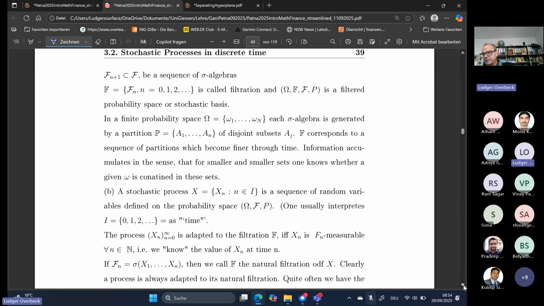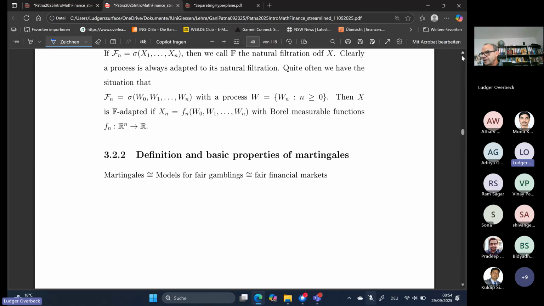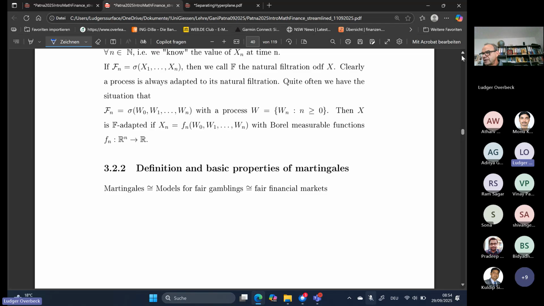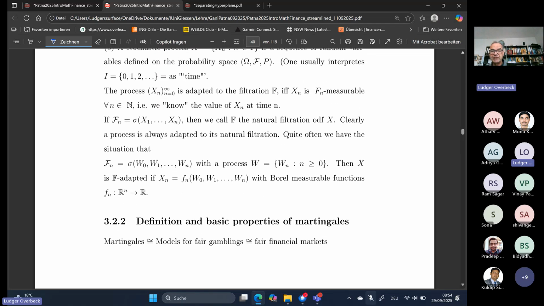Now, some definitions. The process is adapted if at time n, Xn is our random variable, indexed with n, and the probability that Xn falls into a certain interval of values, you can calculate at time n.